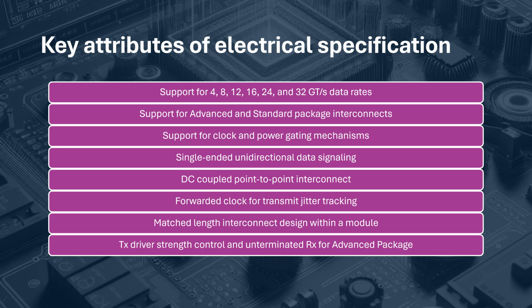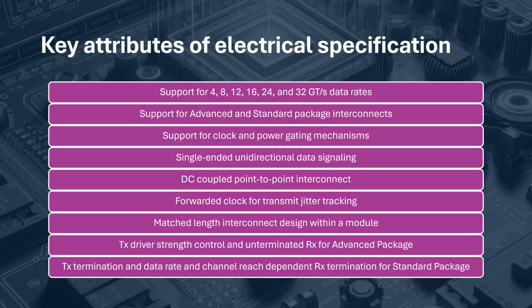So UCIe mentions an unterminated receiver for advanced package, and it also talks about driver strength control. The way we can understand it is maybe how much current it can pump out, or what the voltage signaling levels are. The specification also talks about transmitter termination and data rate and channel reach dependent RX termination for standard package.